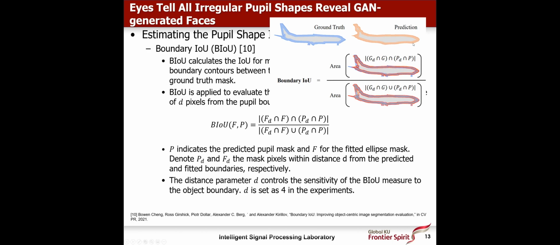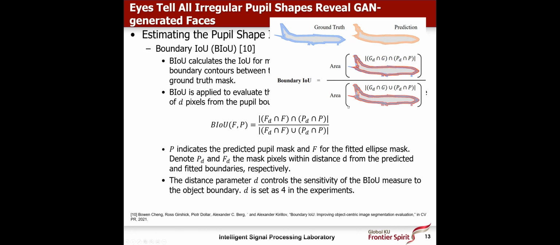So in the boundary IOU, they evaluate the intersection between the boundary areas from the ground truth and the prediction, and the union between the boundary area from the ground truth and the prediction, so that we can get the boundary IOU scores.